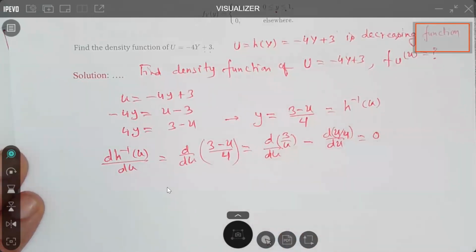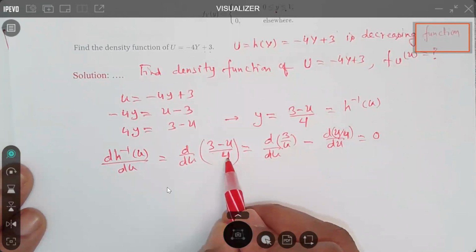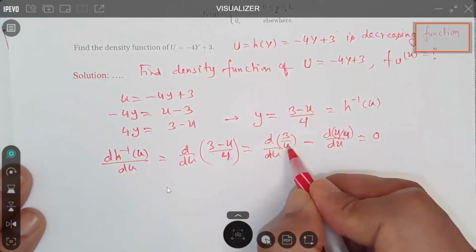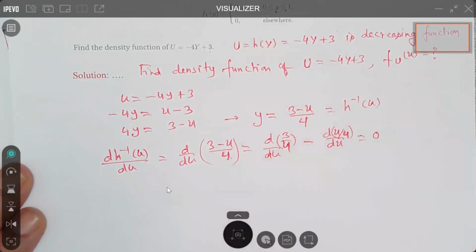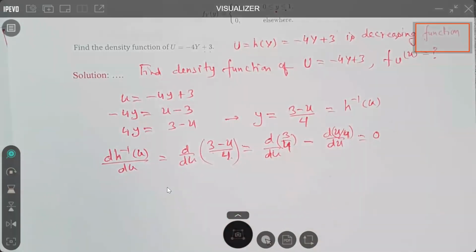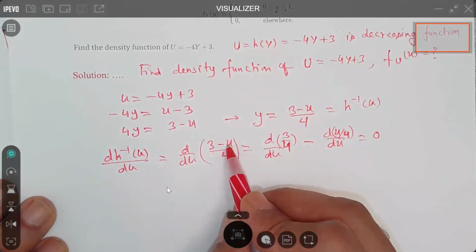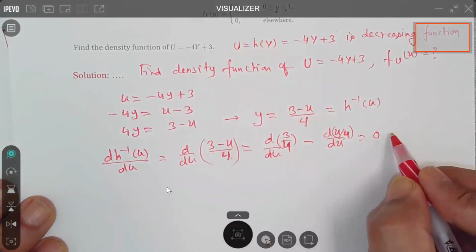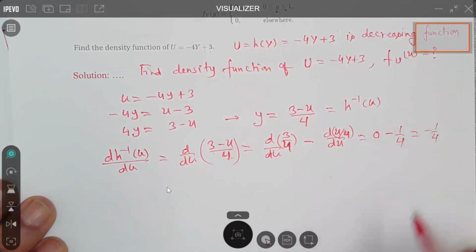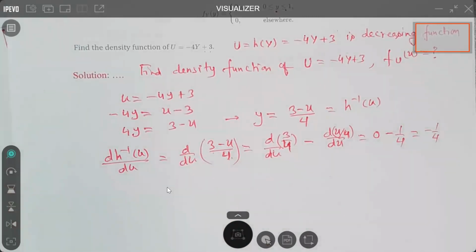Three over 4, not the u. This is 4, right? U and 4 are kind of confusing here. This is only u. So this is equal to negative 1 over 4.